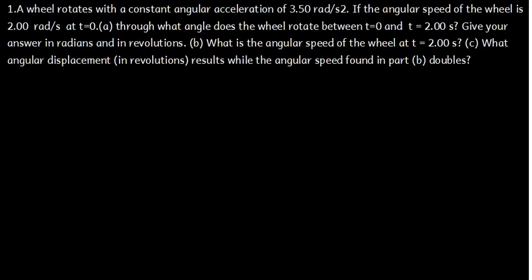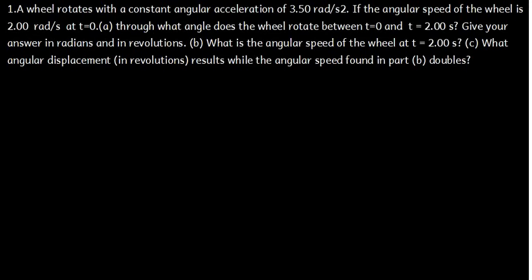Give your answer in radians and revolutions. Part B, what is the angular speed of the wheel at t equal to 2? Part C, what angular displacement in revolutions results while the angular speed found in part B doubles?